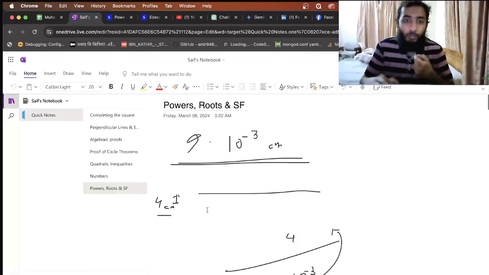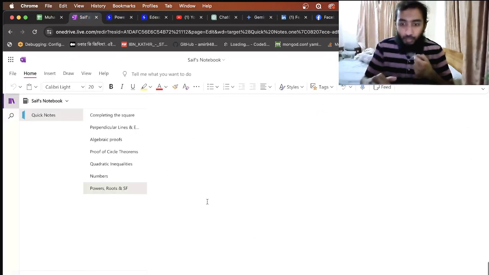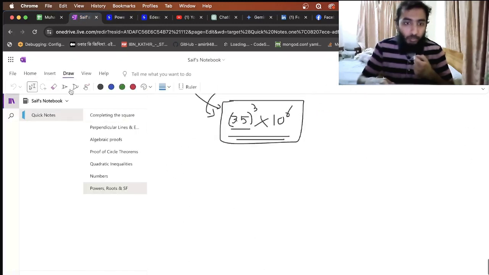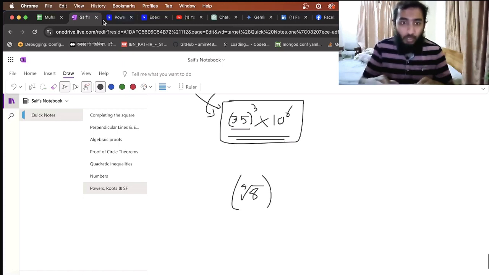So if I open my notepad in OneNote and use my pen tool, you have to write the number, the fourth root of 8, whole to the power 5, as a power of 2.